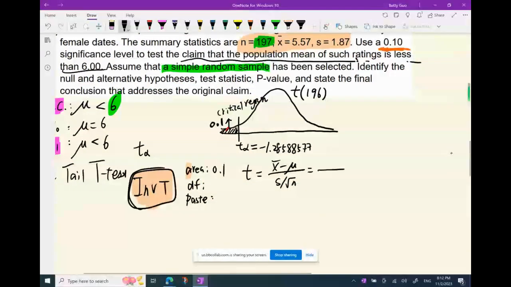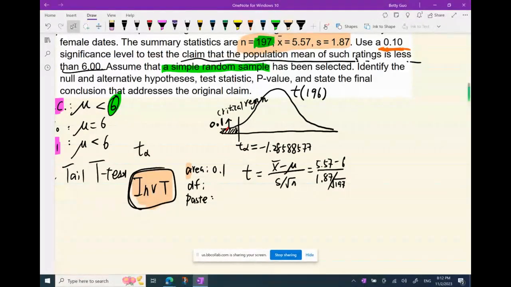That's the formula. X bar is given, 5.57. Mu is given. Mu is the one in the claim, 6. And the denominator, S, 1.87, divided by root n, so square root of 197.